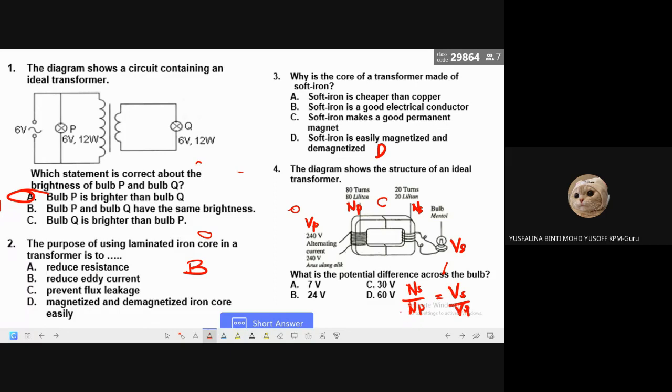NS is 20 and NP is 80, VS is the one you need to find, and VP is 240. You can just cross multiply, so the answer is D. So the answers are A, B, D, D.